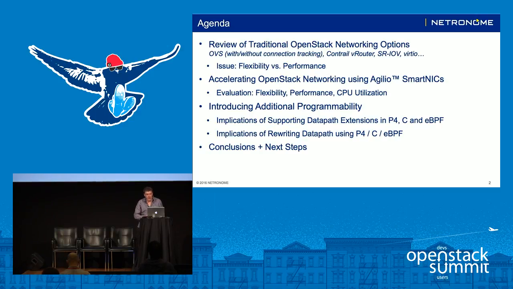To do that, we'll delve into the traditional OpenStack networking options that are around there. We'll look at the older OVS without connection tracking, the new OVS 2.5 that does have connection tracking support. One that you may not be familiar with is Contrail vRouter.